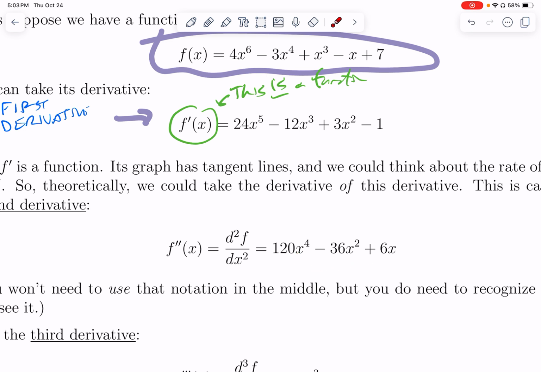If I start with f and take the derivative twice, this is what I get. This notation here in the middle, that's just a different notation for second derivative. You will never need to create that notation, but you should be familiar with it. You should know it well enough that you recognize it if someone asks you about it or uses it.